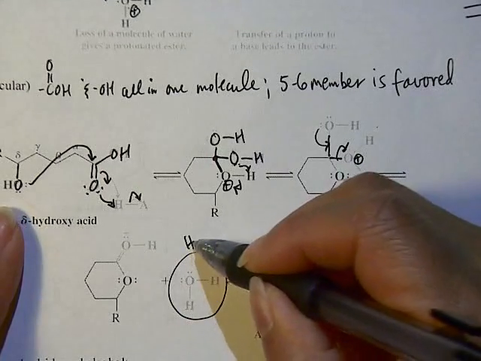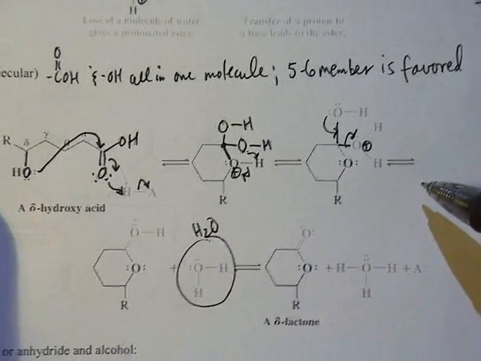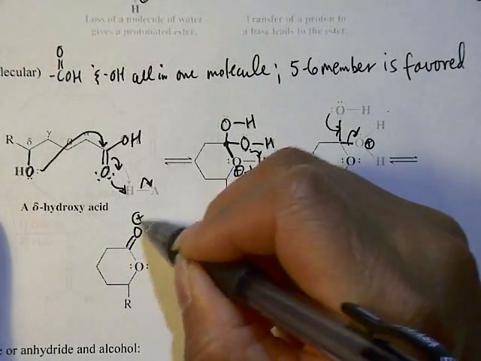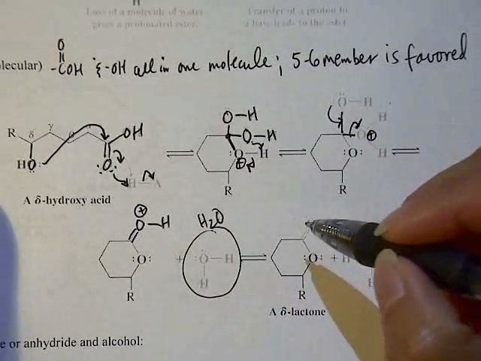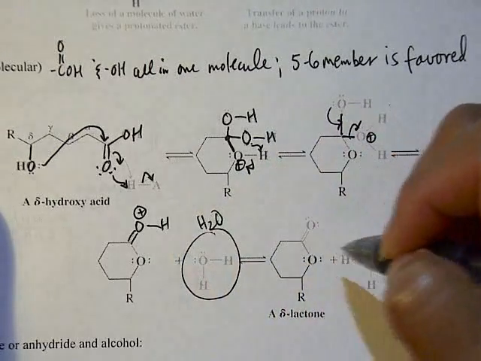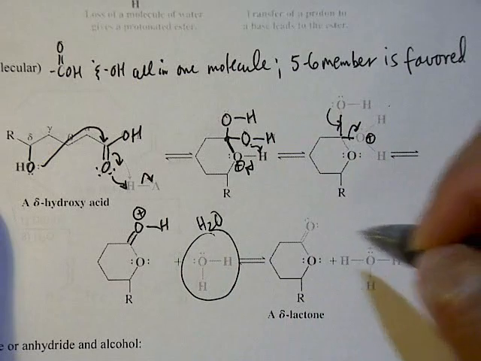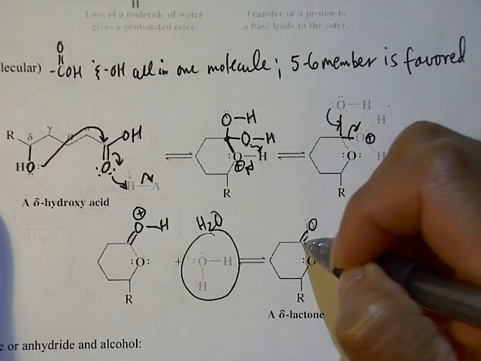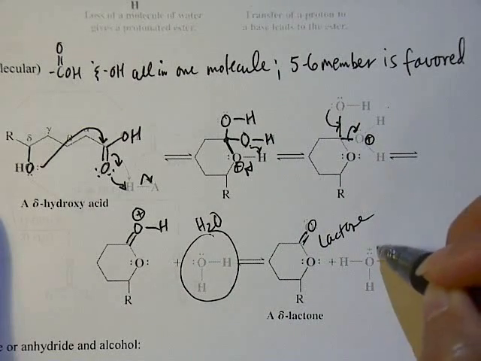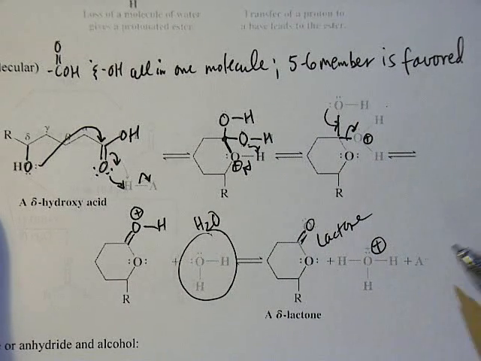So water is formed, and you have the lactone forming at this point. Remember, that's the name for a cyclic ester. So then this extra proton is going to be regenerated by water. And so you have the lactone forming, and you've got the hydronium ion. In other words, acid is regenerated. All right.